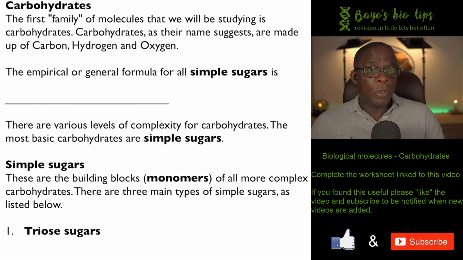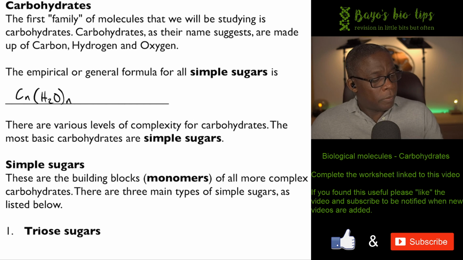The empirical, or the most basic formula for simple sugars, basically a formula that gives you the ratio of the different elements within the molecule, is CnH2nOn. So an example of that would be something like glucose, which is C6H12O6.